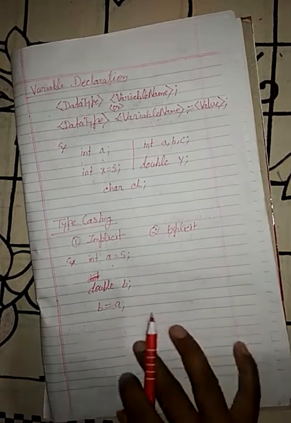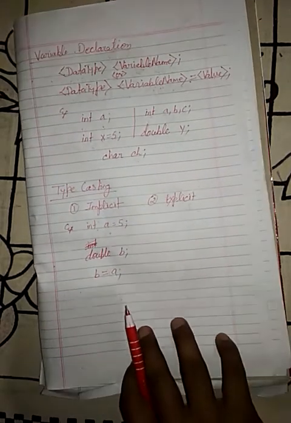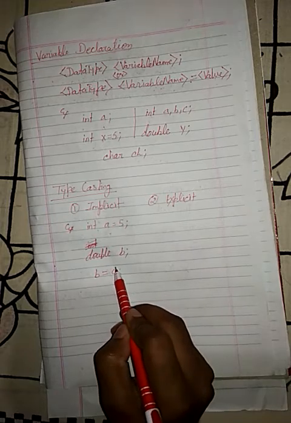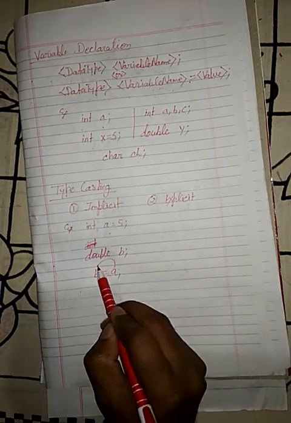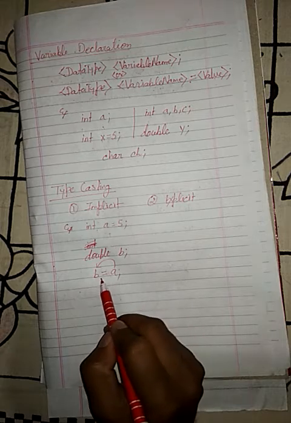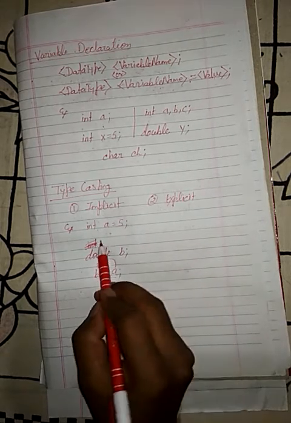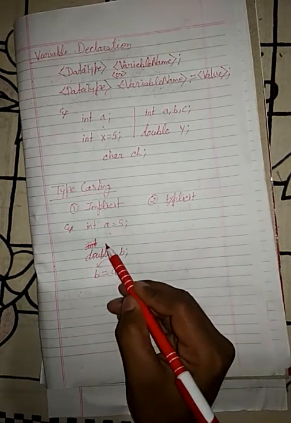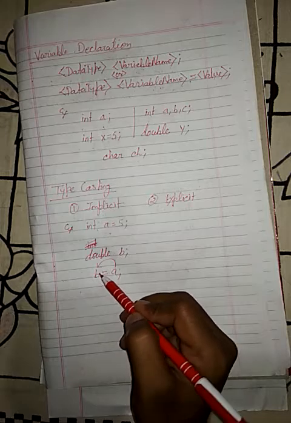It is an assignment operator. If I write b is equal to a, it means a is directly stored into b, and here you can see one data type is directly converted into another type.